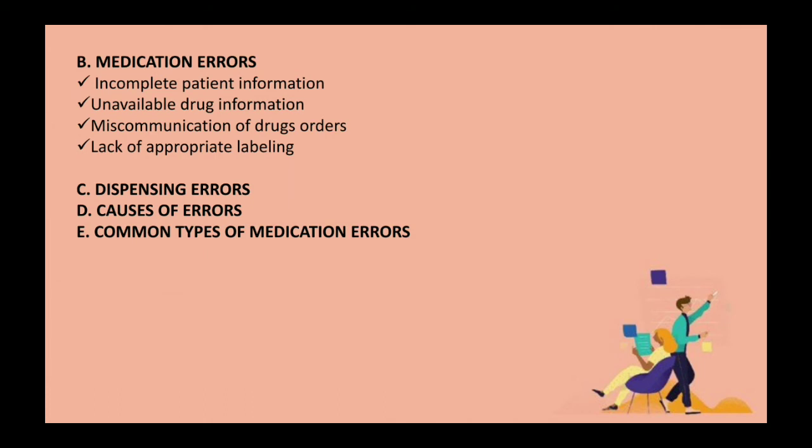Then miscommunication of the drug order, which can involve poor handwriting, confusion between drugs with similar names, misuse of zeros and decimal points, confusion of the metric and other dosage units and inappropriate abbreviations. So because of that, miscommunication can happen in the drug order.